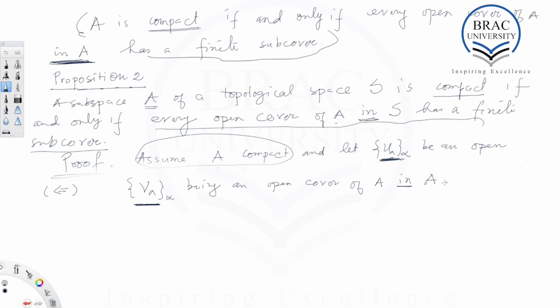Now since each V alpha is an open set in A, by the definition of subspace topology, there is indeed an open set U alpha in S such that you can write V alpha as the intersection of that U alpha with A. So get back to the definition of subspace topology in the first lecture. You'll see that every open set in the subspace topology can be written down in this way.